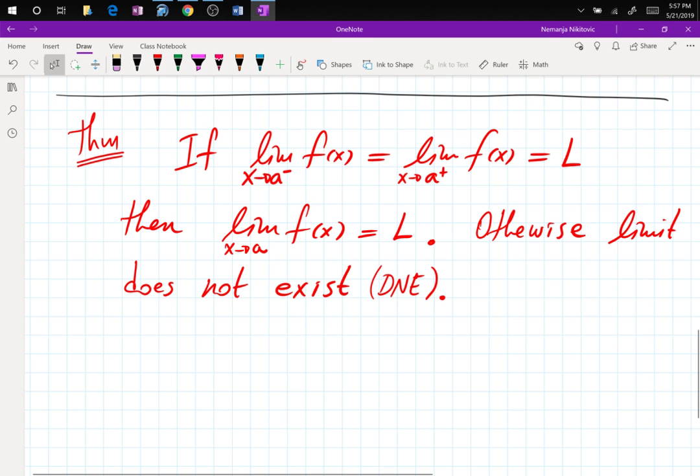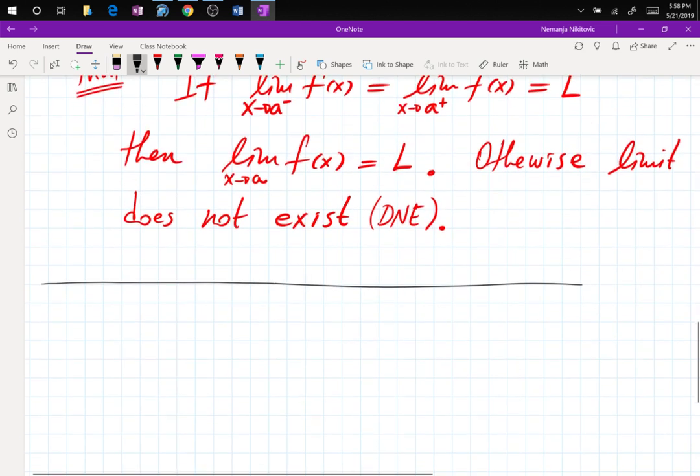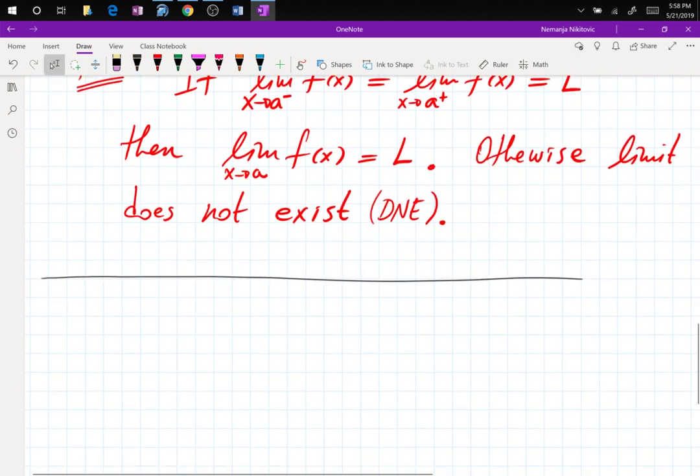Now, let's do one more example, and this example is going to be worked out on a piecewise function. So, what's the limit as x approaches 2 of f of x? That's the question. Now, f of x is given as the piecewise function.